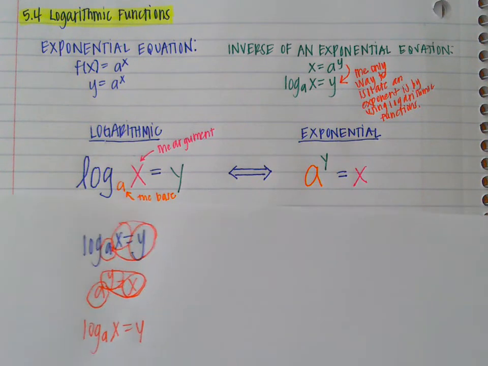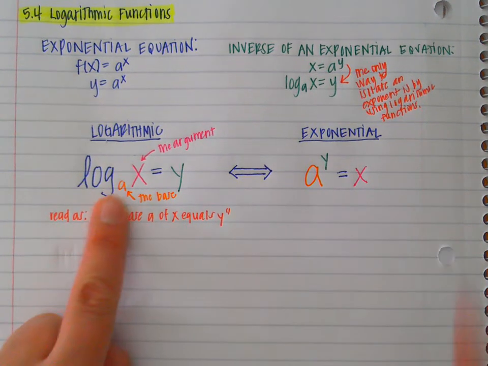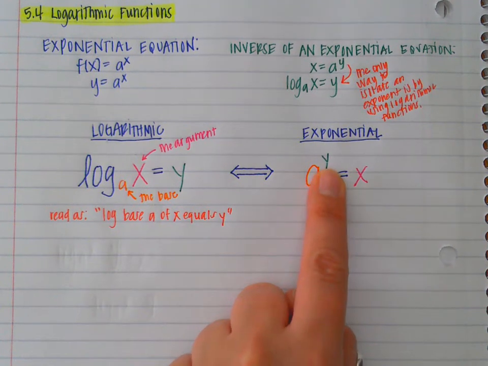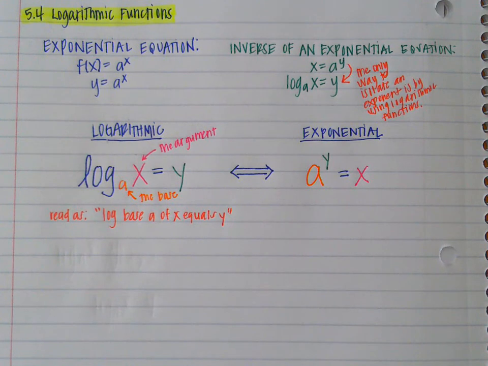That's another way of memorizing it. I always just think the base of the log is the same as the base of the exponent, and a log is always equal to the exponent. There are a lot of different ways that you can think about it.